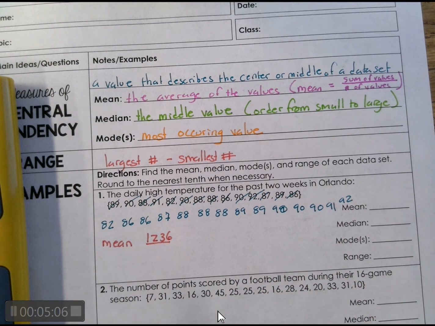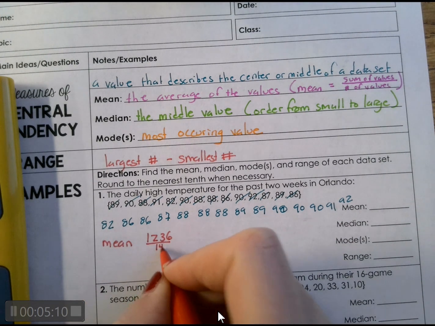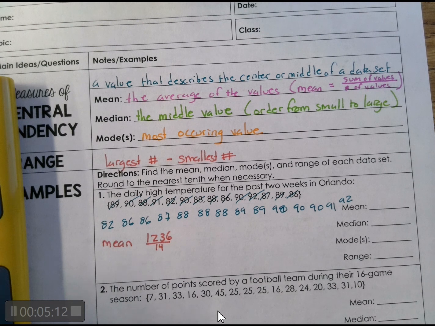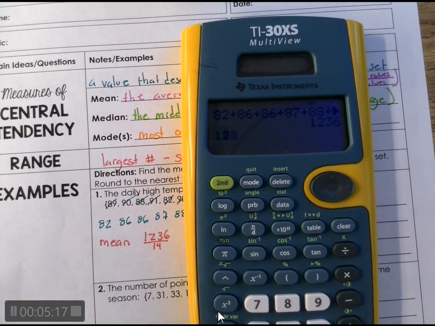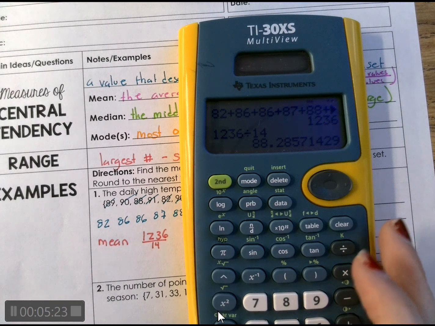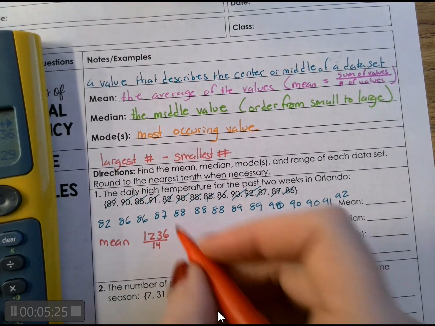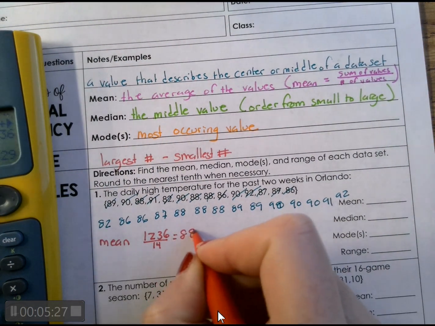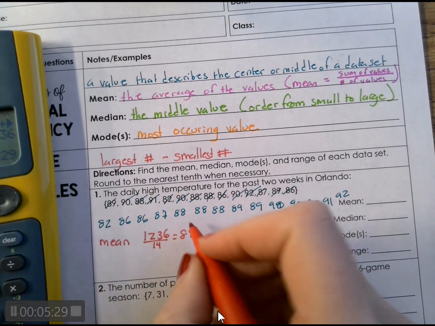So I have 14 values, and that is what I need to divide by, okay? So I have 1236 divided by 14, and that's going to give us 88 point roughly 3, because it said to round to the nearest tenth.